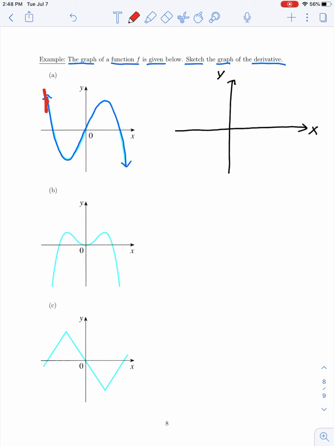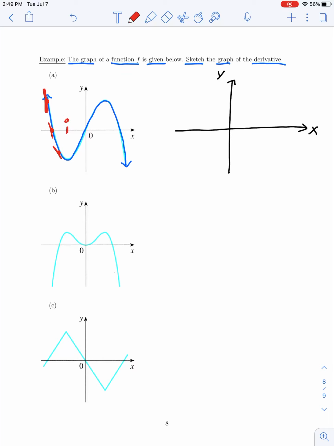So it's sort of a large negative slope. And as I start to increase the value of x, the slope of this tangent line is still negative, but it looks like it's starting to flatten out. It's a smaller negative number until I get to this value of x.